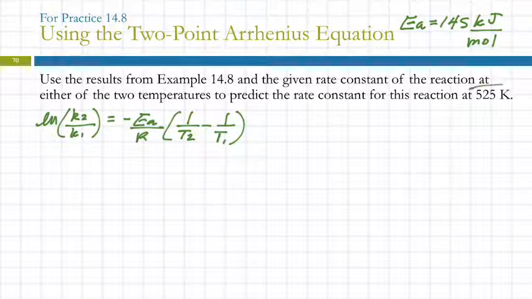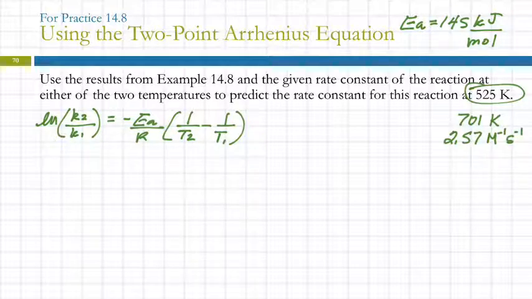We've got a temperature here. We're going to have to call that T1 or T2. And then we have to pick one of the other temperatures and rate constants. So I'm just going to pick the first one. We had 701 Kelvin and 2.57 molarity to the -1 seconds to the -1. There's just no good way to say that.